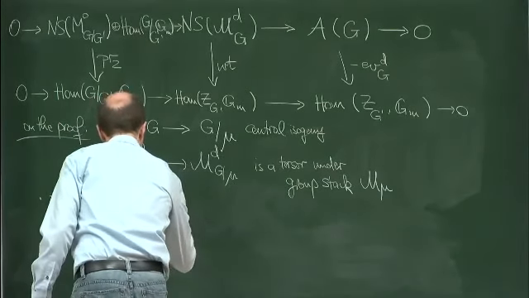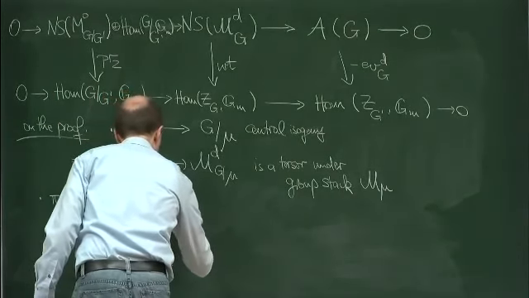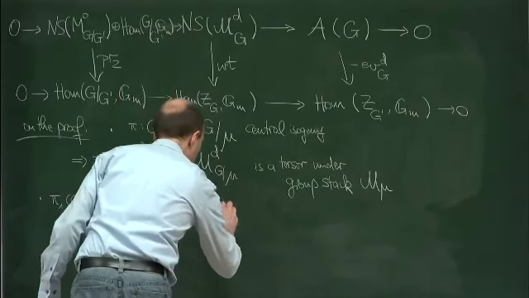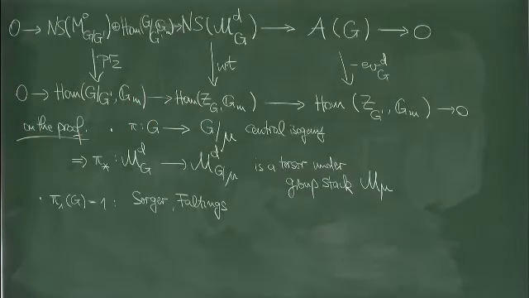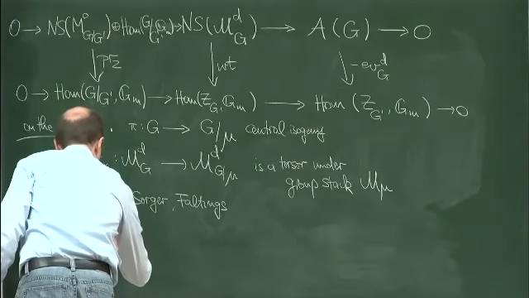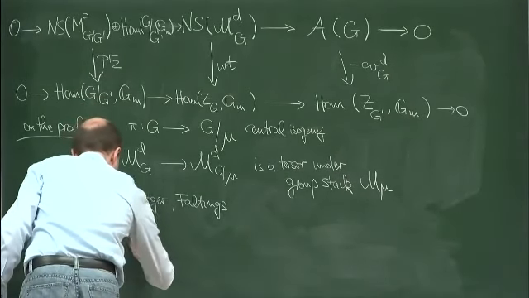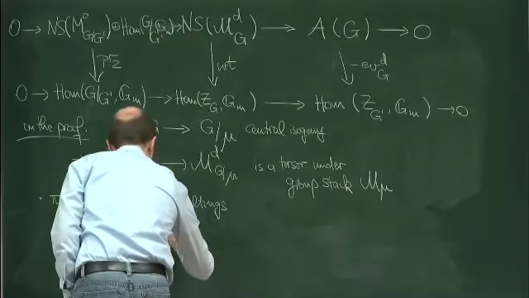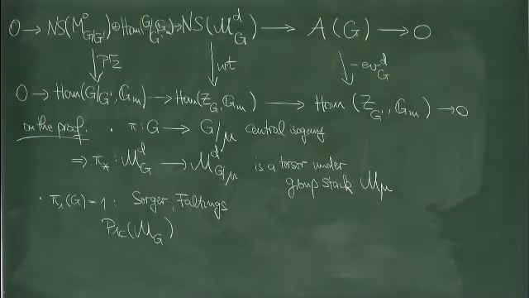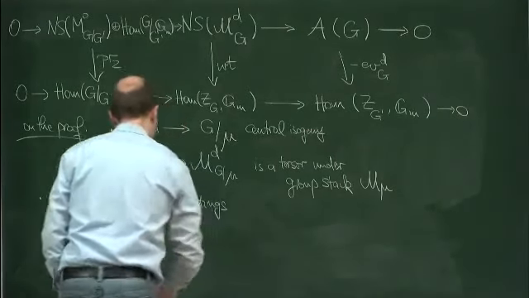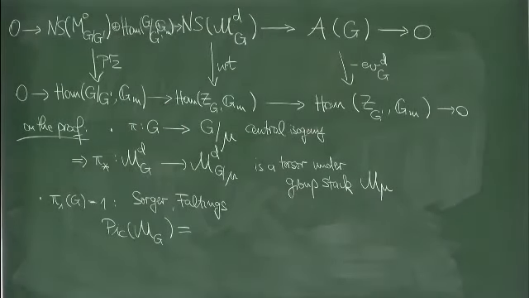there's work of Christoph Sorger in characteristic 0 and Faltings in positive characteristic, which prove that the Picard group is just Z in the simply connected almost simple case.